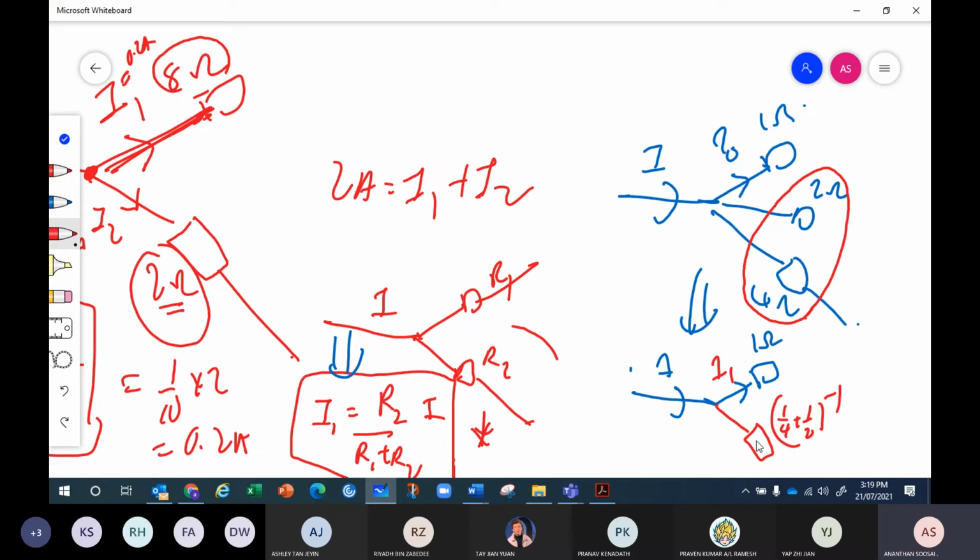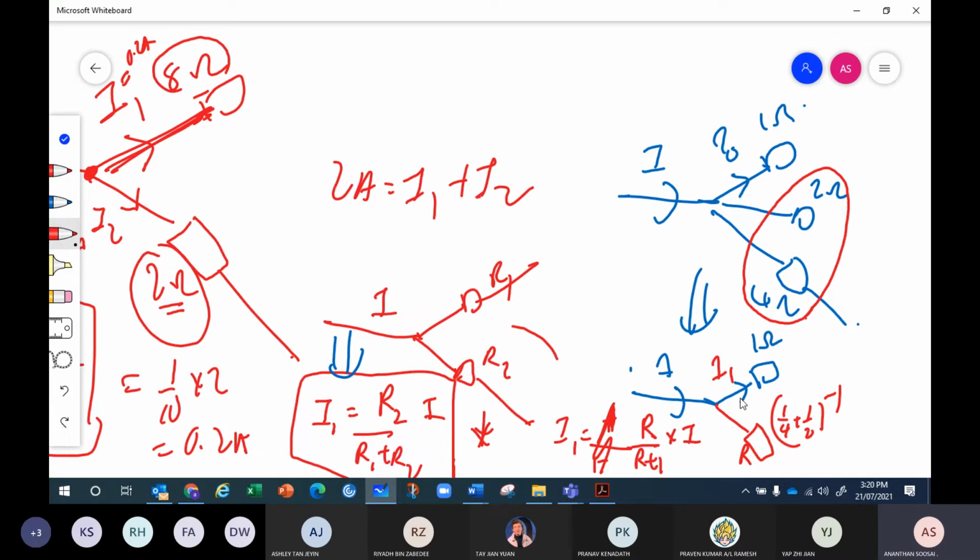So what is the current flow here? Let's say you've got a new resistance R. What is the current flow on top? I1 will be the main current times the opposite resistance R, over the total resistance R plus 1.